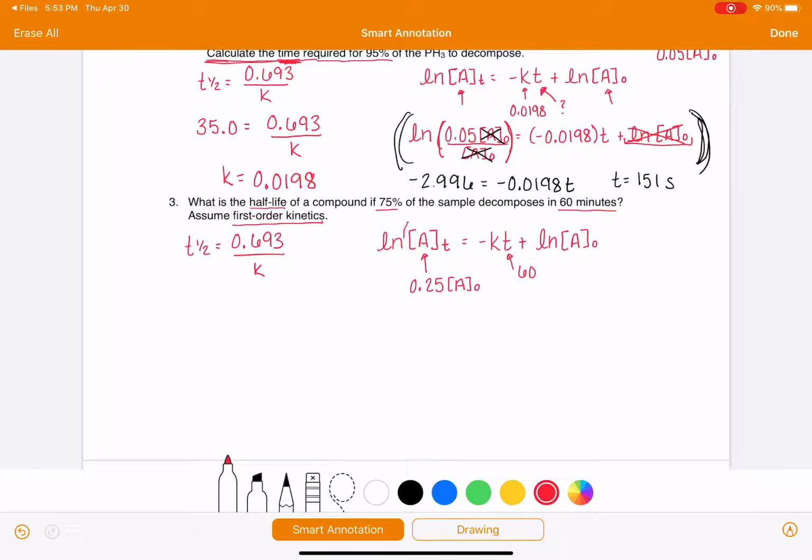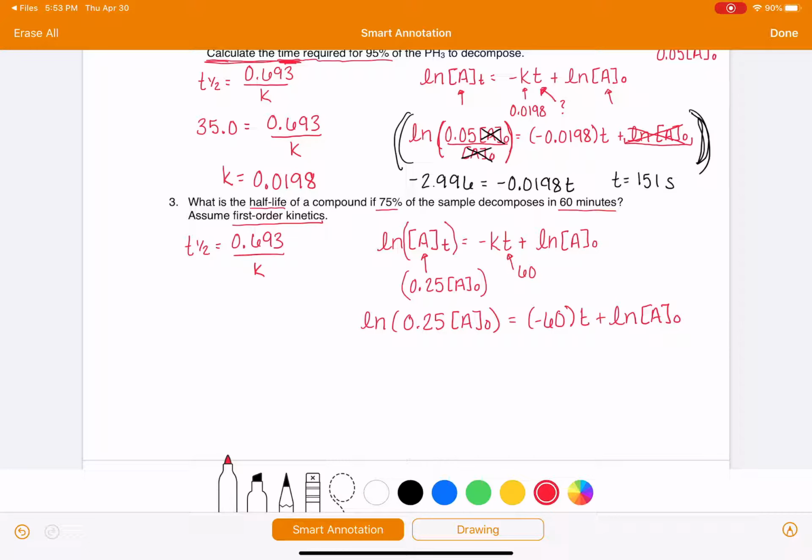So the natural log of A at time t, we're going to substitute that with the natural log of 0.25 A at time 0. And that is equal to negative k times 60 minutes plus the natural log of A at time 0.